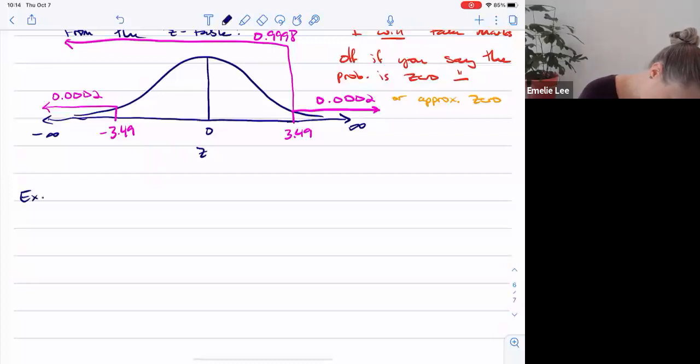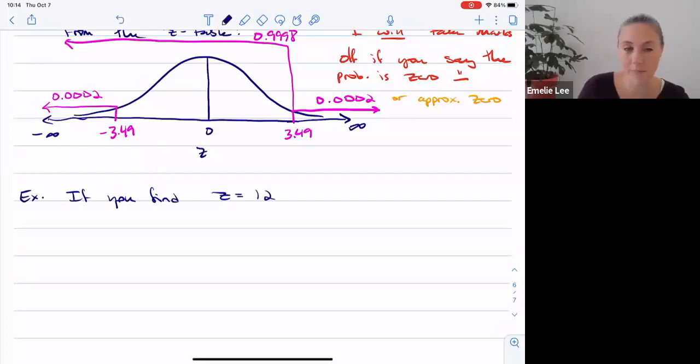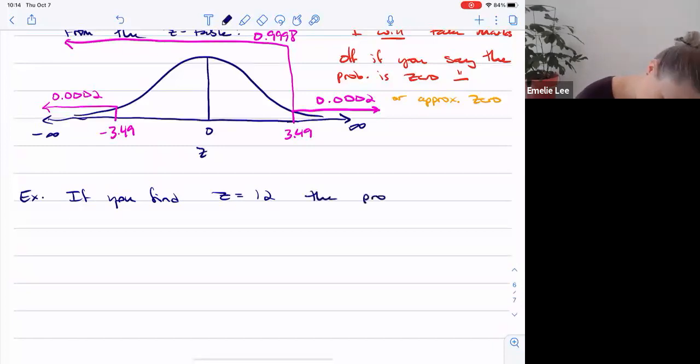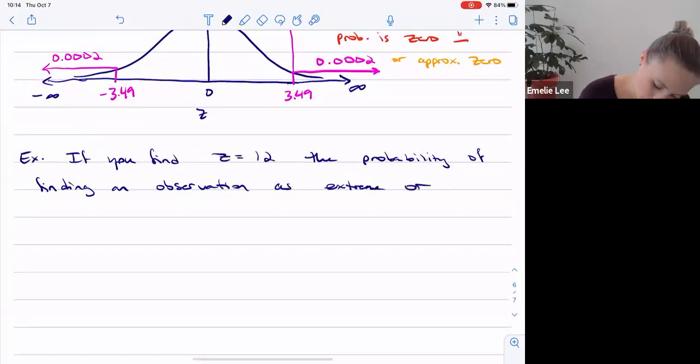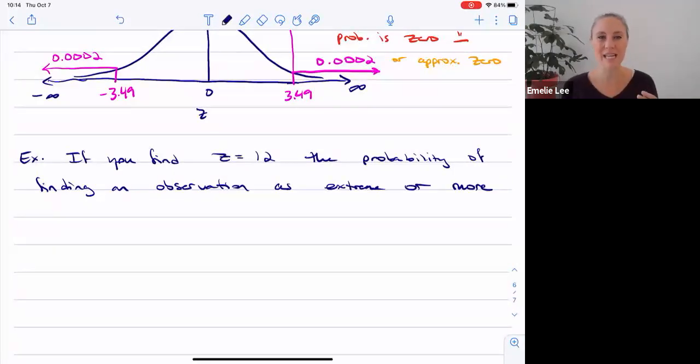Okay, so for example, if you find that Z equals 12, the probability of finding an observation as extreme or more extreme, that's usually how we talk about the area in the tail, because what we want to figure out is the probability of seeing something as extreme or more extreme.